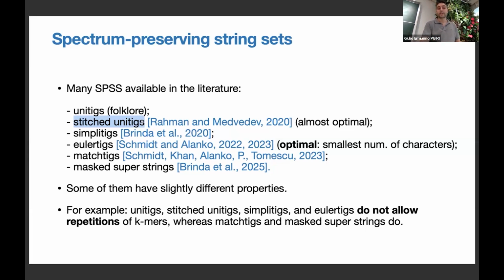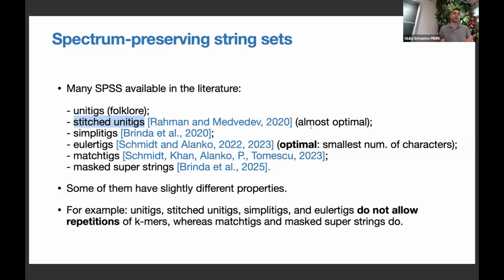But the question whether one can actually find a truly optimal solution remained open for a couple of years until Schmidt and Välimäki solved this problem in 2022-23, and they showed that yes, we can actually output an optimal SPSS with the smallest number of characters. Although, again, the gap between this optimal and this almost optimal is tiny, okay? It's very, very small.